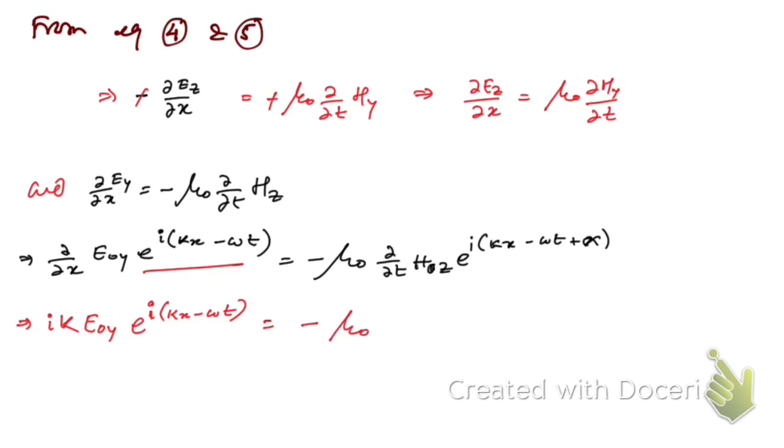μ₀. If you differentiate with respect to t, here H₀z is constant, right? So let me write this one here, and e^{i(kx − ωt + α)}. We know that the derivative of e^x is e^x.